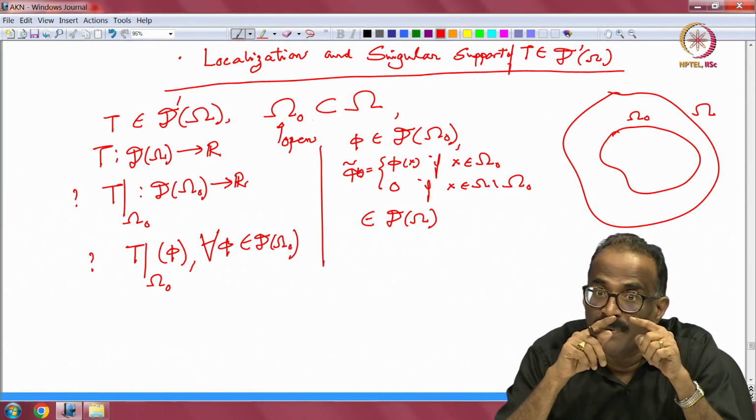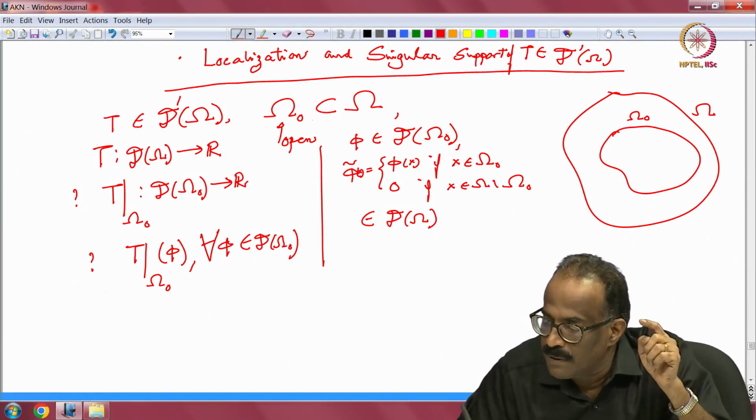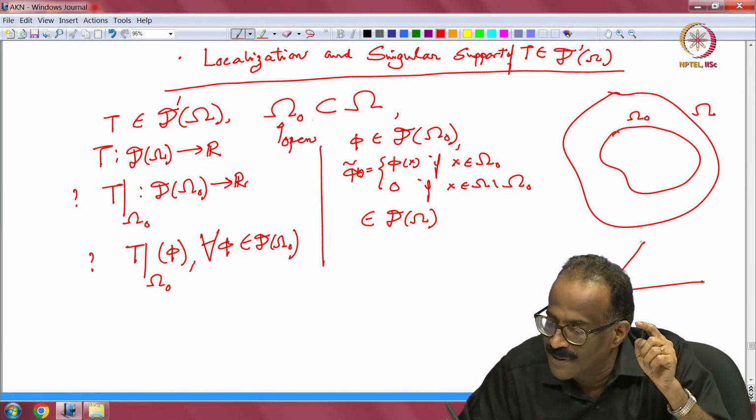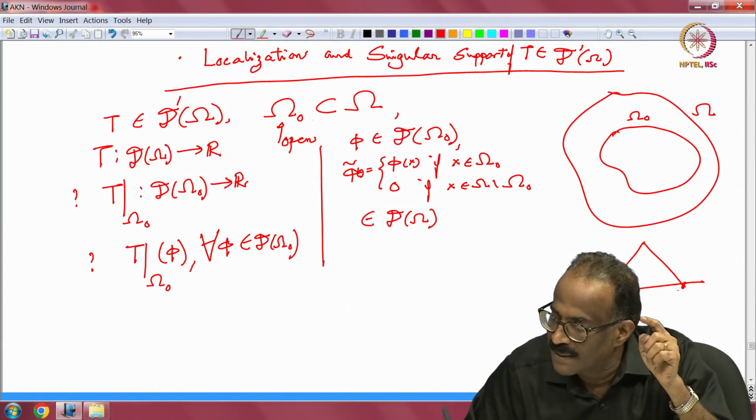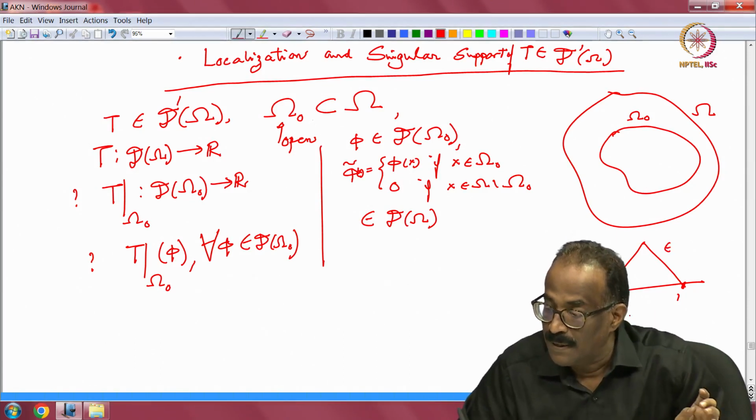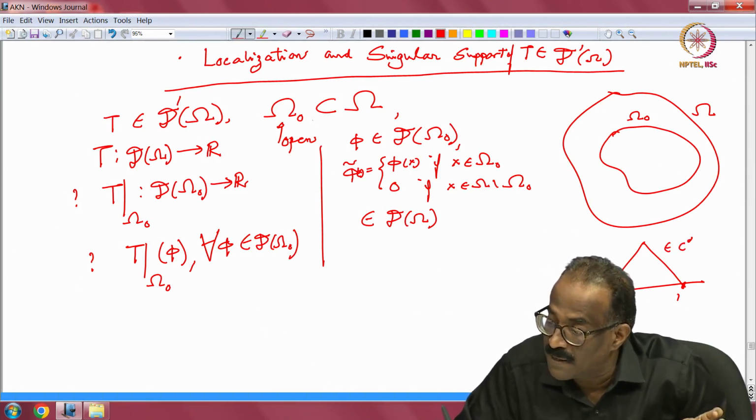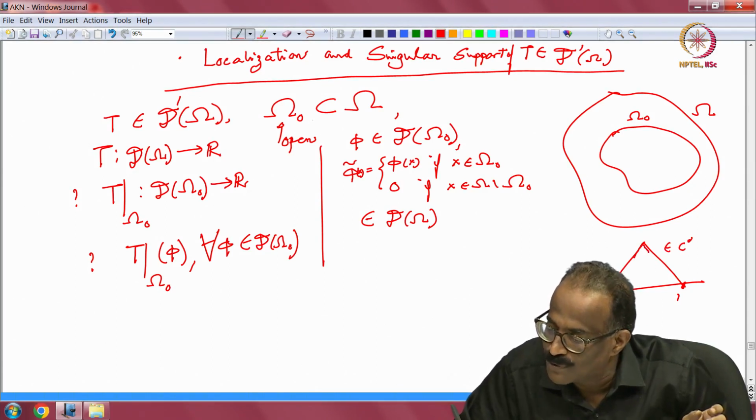So you may not be able to define it. For example, if you have a function defined on minus 1 to 1, and this is in C infinity, you can make it smooth also if you want.